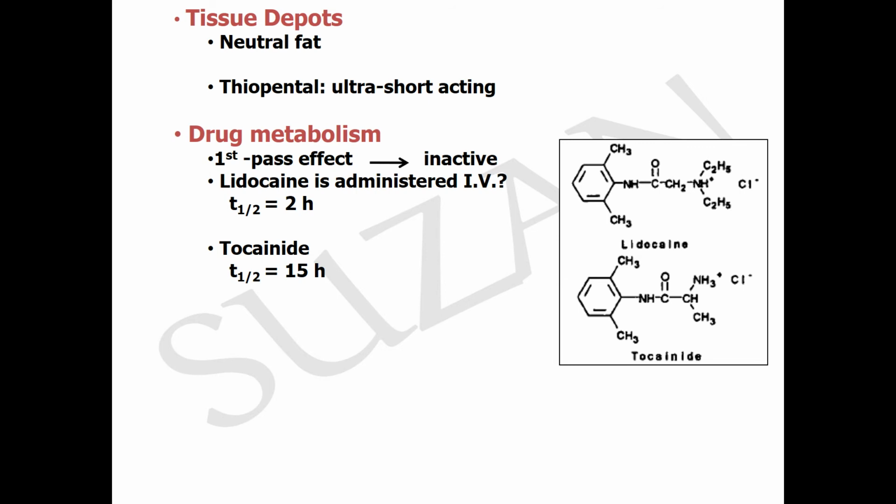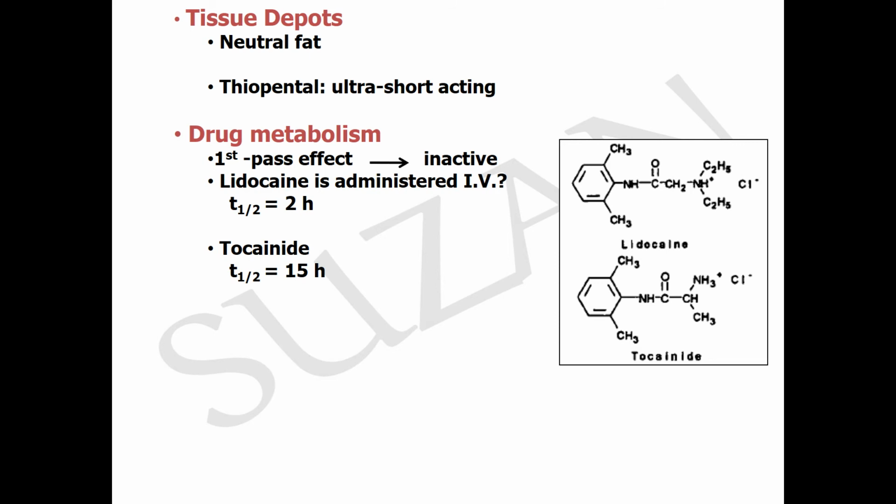Tissue depots. The drug can also be stored in tissue depots, and the important reservoir or depot is the neutral fat that constitutes 20 to 50% of body weight. The example of a drug that can be stored in tissue depots in the neutral fat is thiopental. Thiopental is a general anesthetic.